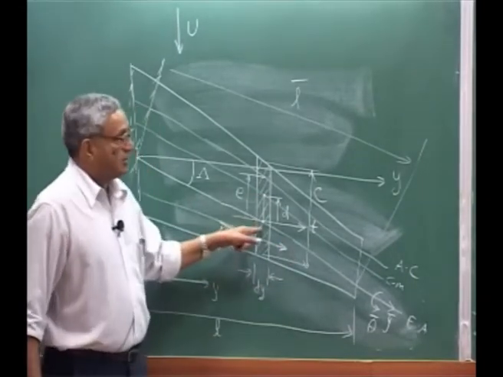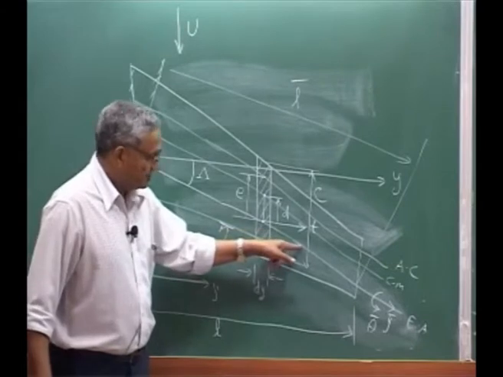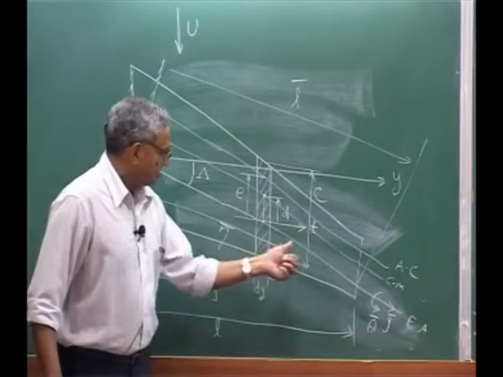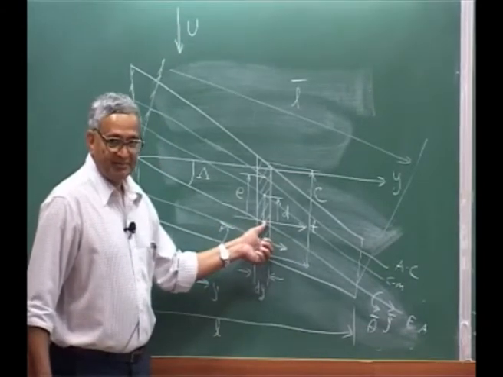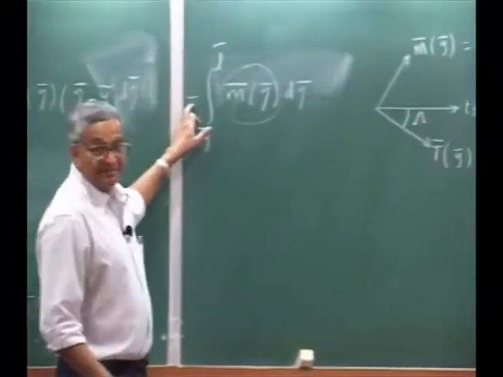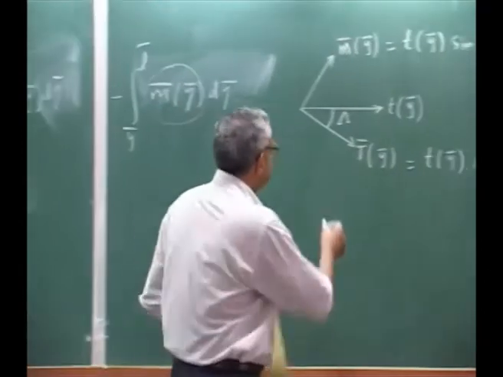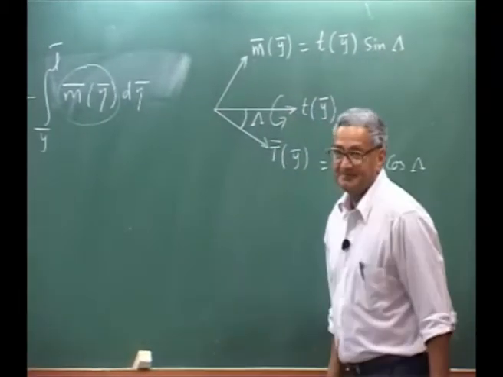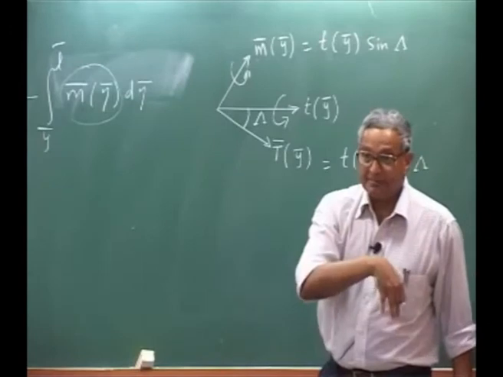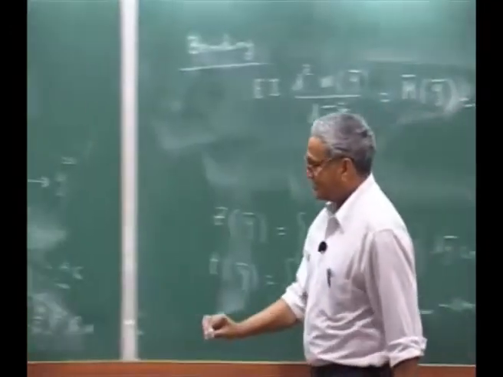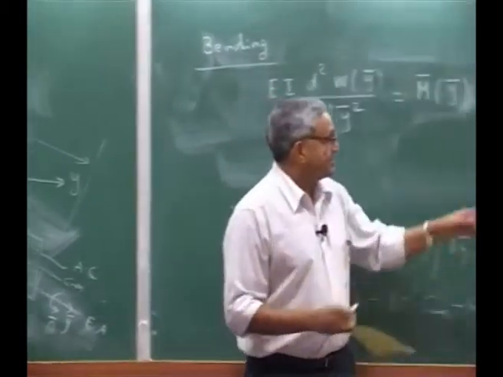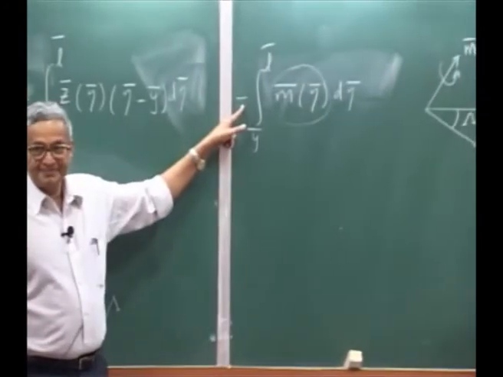At any y bar the moment arm is nothing but eta minus y bar. This force into eta bar minus y bar is the moment. Similarly, I have to add all the twisting moments. I put a minus sign because this twisting moment is like this. So when I make a component, this will try to bend it down, whereas the Z force will try to bend it up. That is the reason I put a minus sign here.